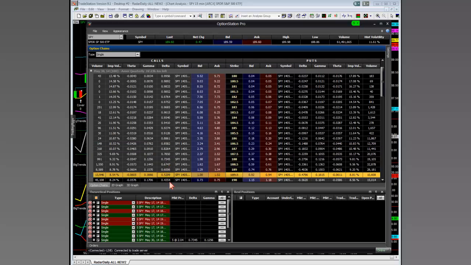And generally speaking, for the roughly at-the-money options, you can see 189.50. We now have half-point strikes on these S&P weeklies. Right near the money, that's going to have a delta near 50%, 52% at today's close. A lot of times people say delta can also be thought of as the odds of that option finishing in the money.